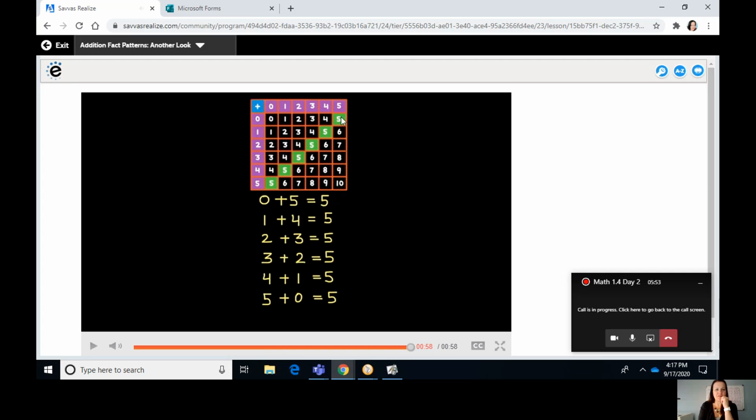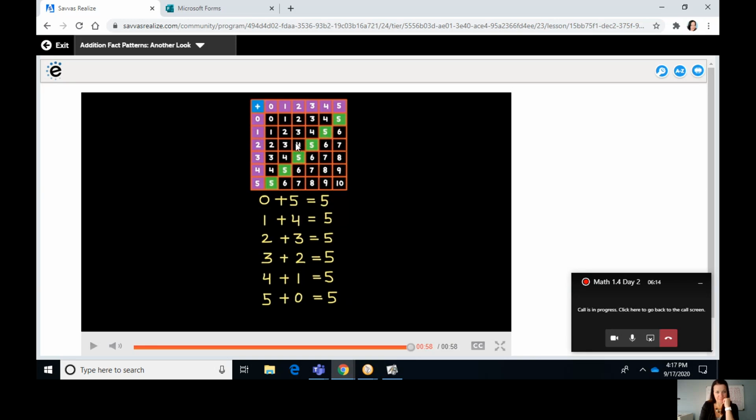So if you notice this pattern here, it's in a diagonal. And remember, these are the add-ins that you're going to add, and then you follow the pattern over. So 0 plus 5 equals 5. That's your sum. 1 plus 4 equals 5.